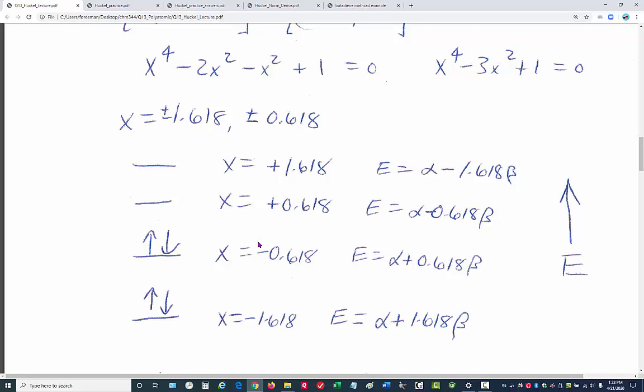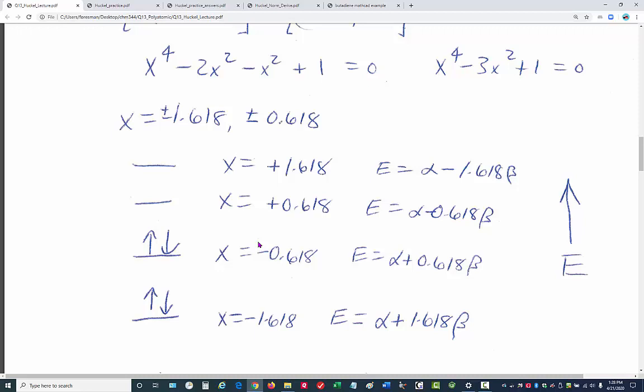The lowest energy molecular orbital will be the most negative value of x, and its energy will be alpha plus 1.618 beta. Alpha and beta are negative numbers, so this whole thing will be the most negative energy of the 4.